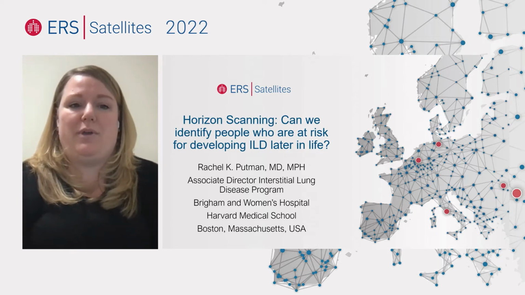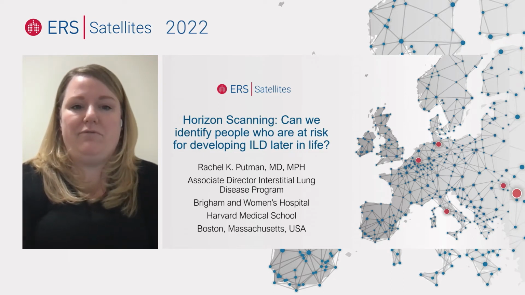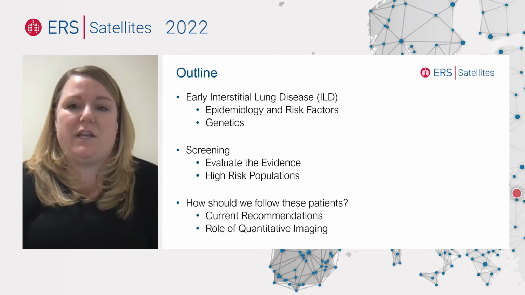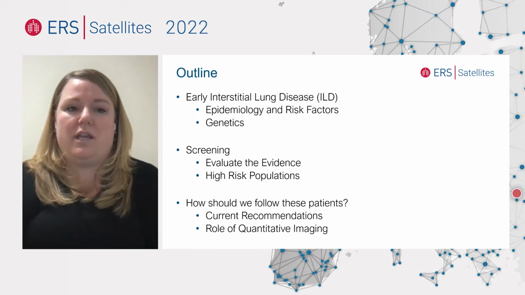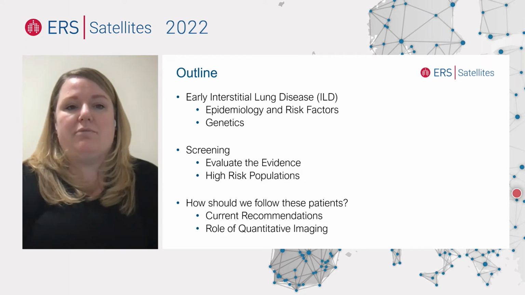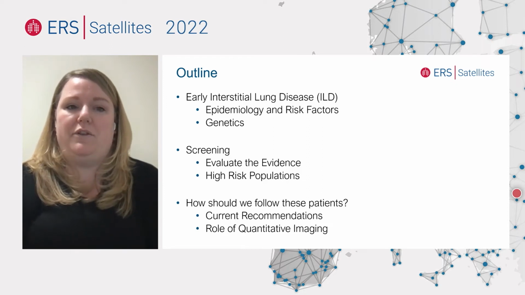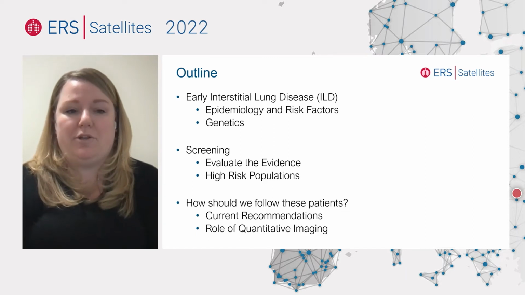So I'm going to talk a bit about, can we identify people who are at risk for developing ILD later in life? Just briefly, we're going to start with going through early interstitial lung disease and talking about the epidemiology, the risk factors, and touching a little bit on the genetics. This is to try and put together a profile where we can potentially evaluate or create a higher risk population.